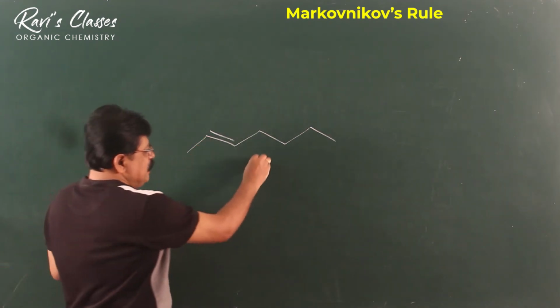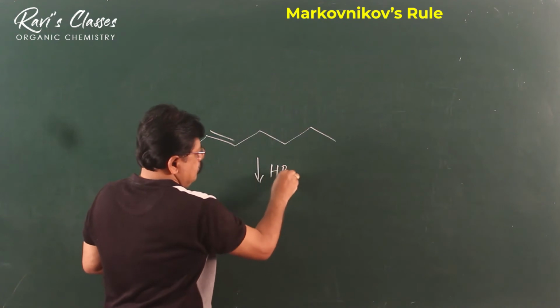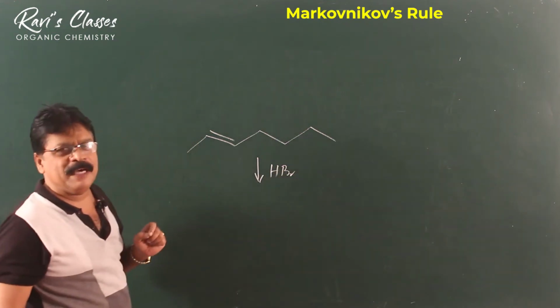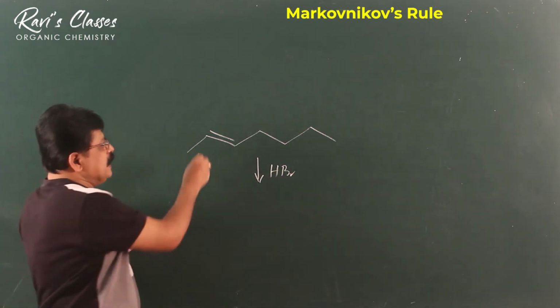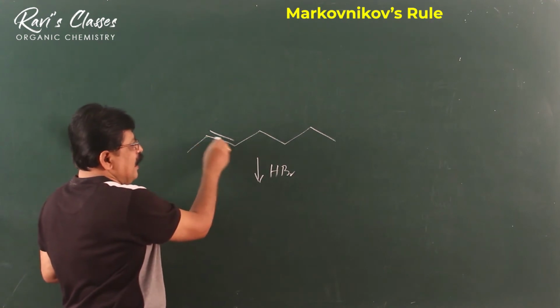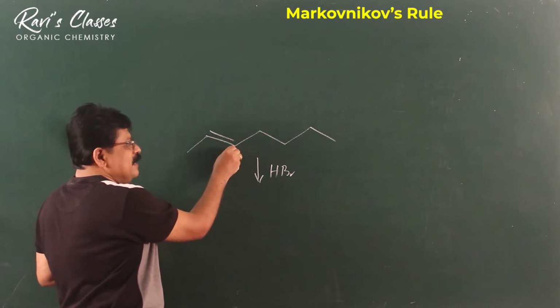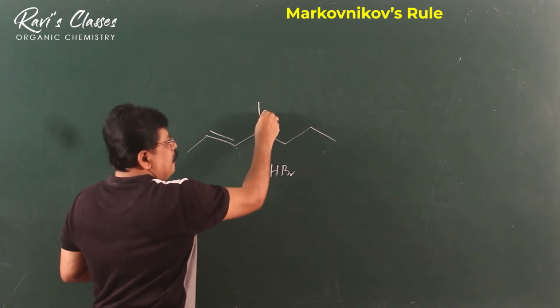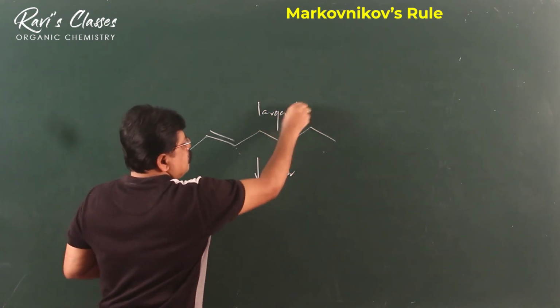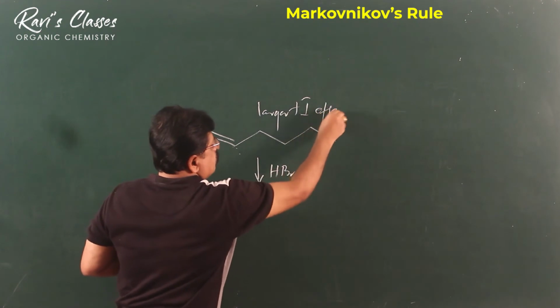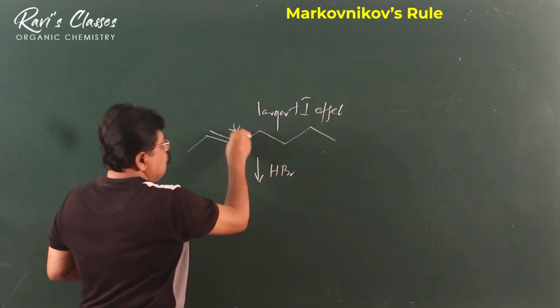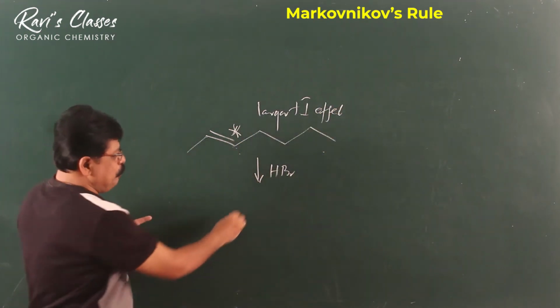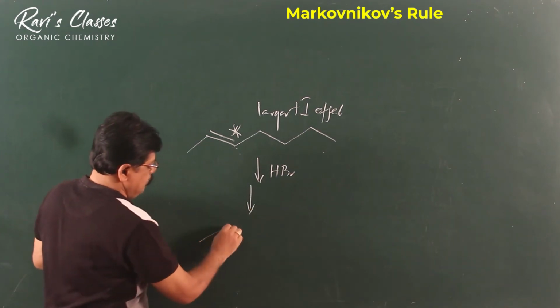Here, if I add HBr, where will Br minus go? Where will H plus go? This carbon and this carbon. This is more stabilized due to the larger plus I effect. So, this is the more stable carbocation. So, the product will be how?